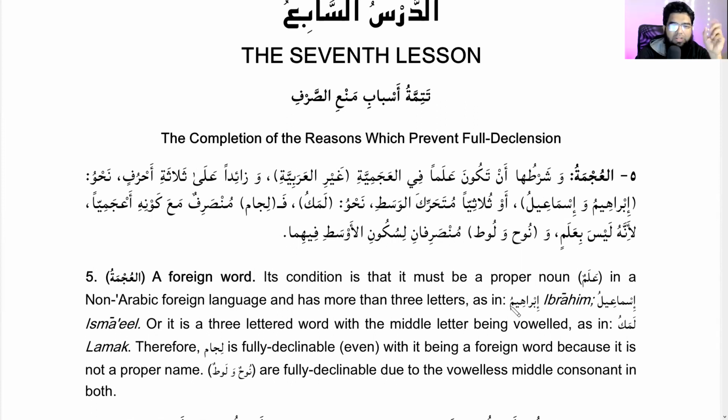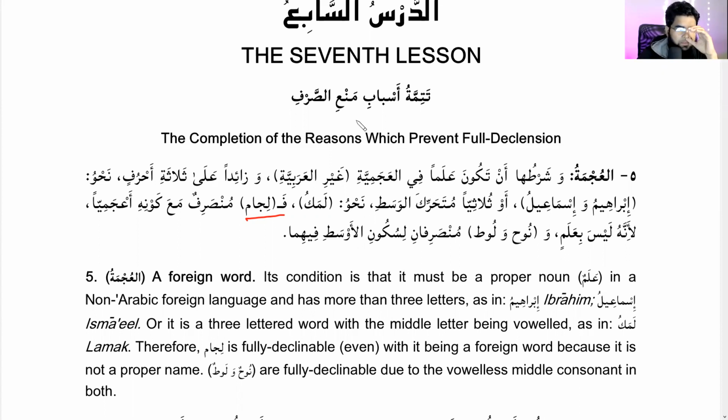So if it is voweled in between, Arabs have a problem with that, like the name Lamak. It is not Arabic. It's the same name, Lamak. فَاللِّجَامُ مُنْصَرِفٌ. So lijam is munsarif مع كونه عجميا, even though it is ajami, لأنه ليس بعلم. It is not a name.